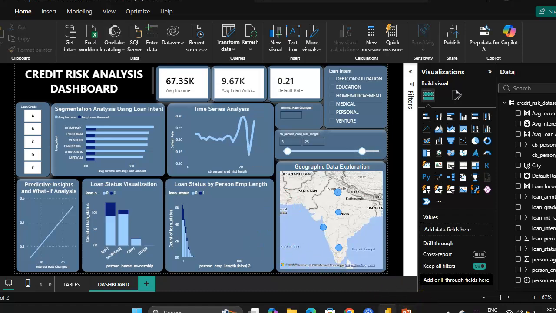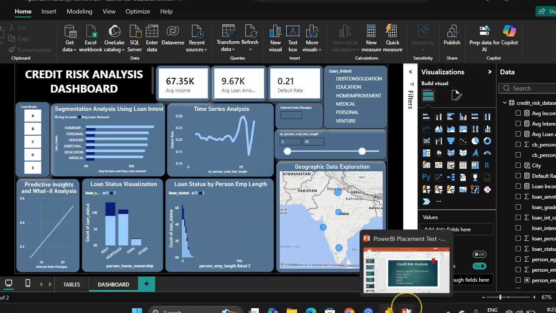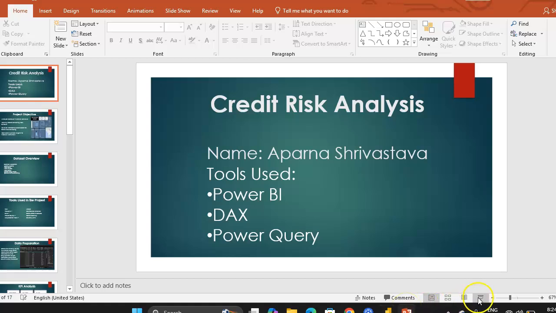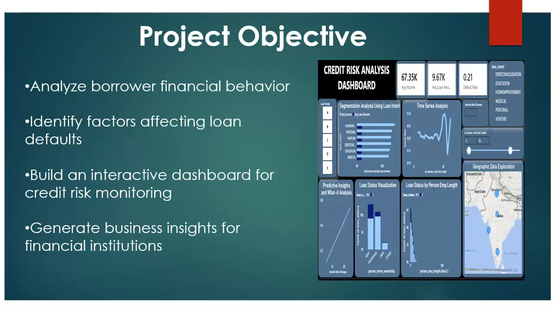First, the project objective. The objective of this project is to analyze credit risk using borrowers' financial and loan-related information.